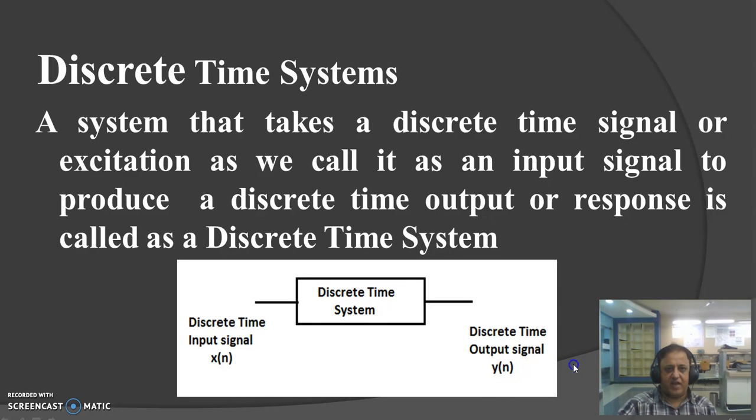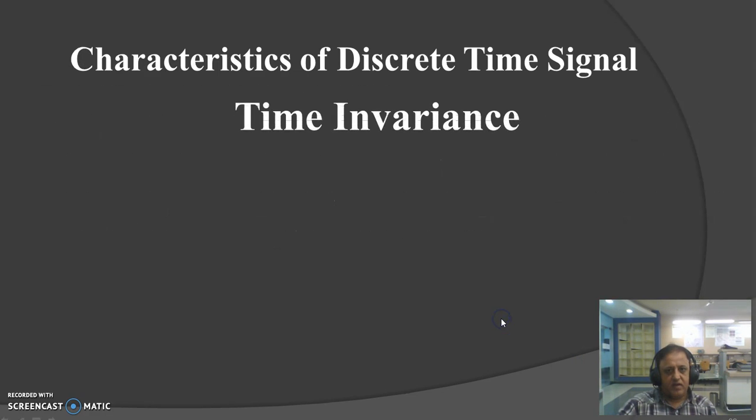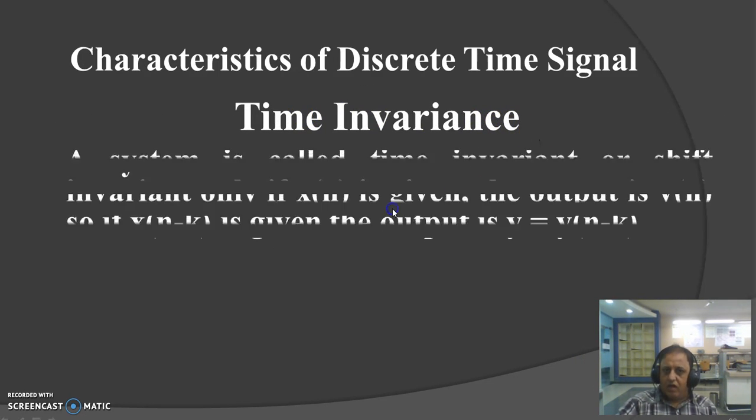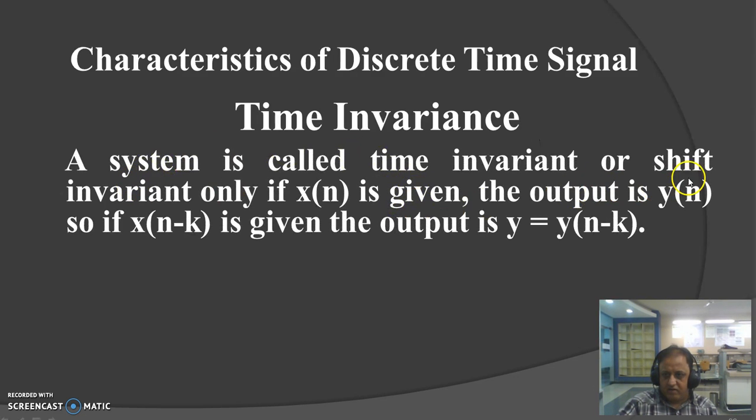Now, what's the first such characteristic that we can study? It's time invariance. A system is called time invariant or shift invariant only if, when you give x[n] as the input, the output is y[n], and if I give x[n minus k] as the input, assume the output is y1, then y1 should be equal to y[n minus k].